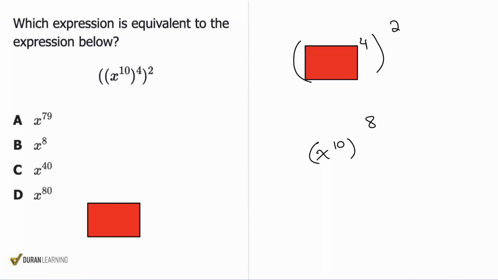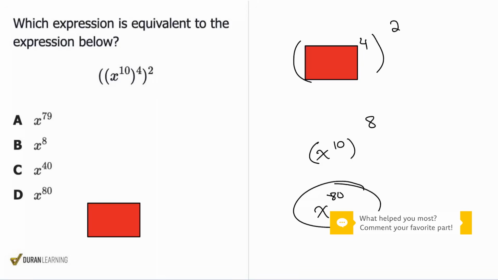Let's move that over here. And now we have the same situation. We have a power to a power. And the same story goes, everybody. When we take a power to a power, we multiply those exponents. 10 times 8, that's 80. And that's going to be x to the power of 80. Answer choice D is the correct answer.